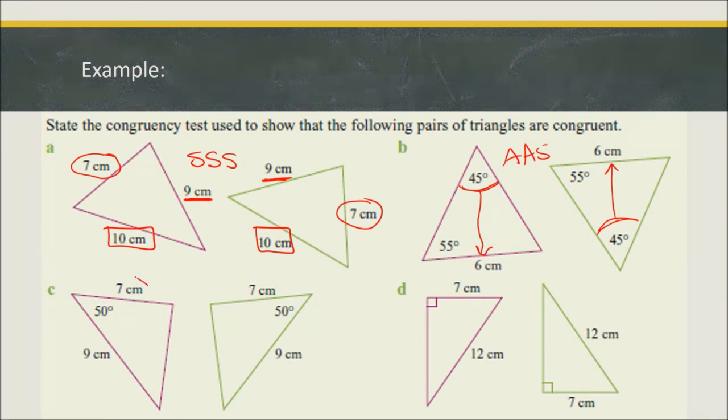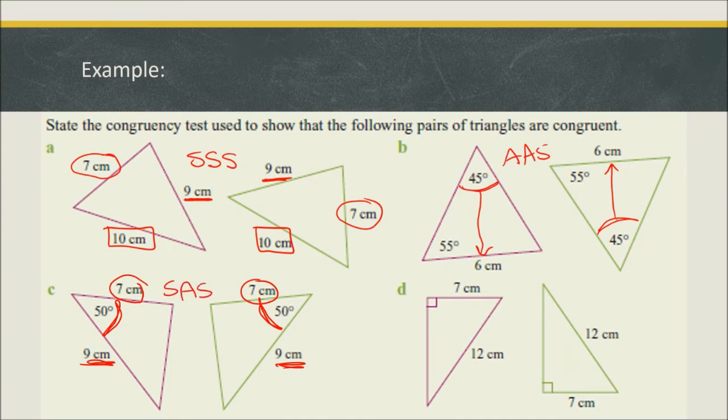We have a 7 centimetres and a 7 centimetres, a 9 centimetre and a 9 centimetre, and this angle here is included. That inclusion means it is between the 2 known sides, our 2 matching sides. So in this case, our test would be side, angle, side.